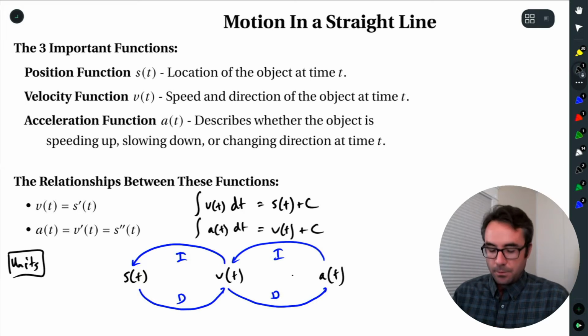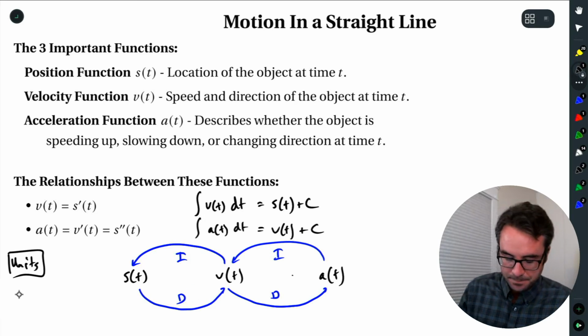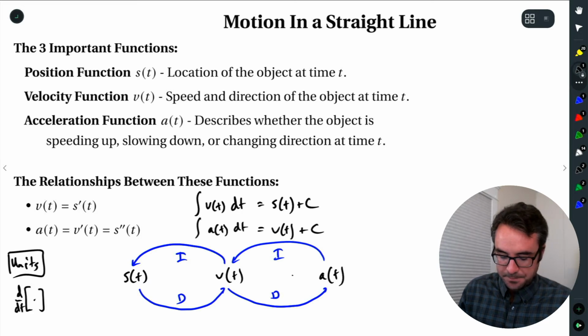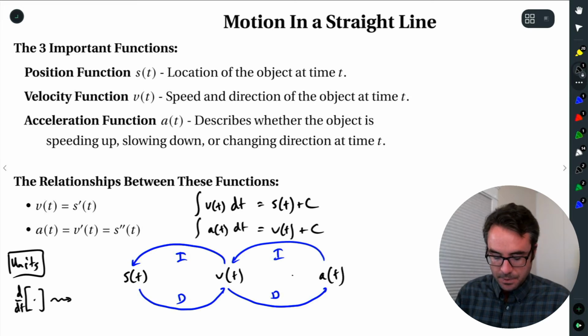Each time we differentiate these functions of time, we've seen this before, we essentially divide by another unit of t, since we're differentiating with respect to t. So when we talk about units, we're dividing by another unit of time.